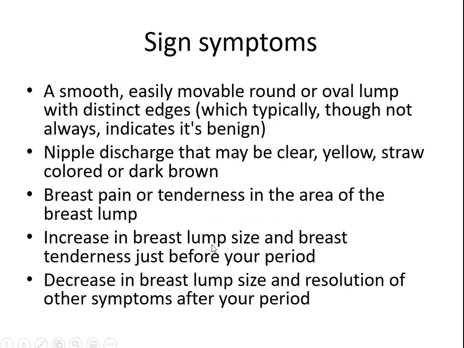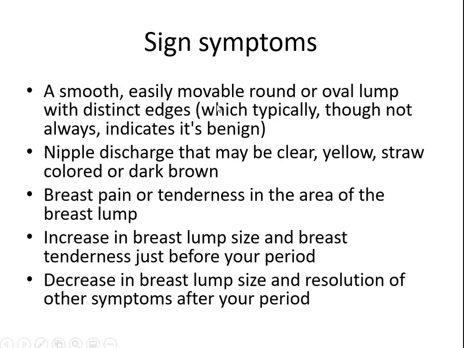Next, an increase in the lump size, and the breast will become tender just before the menstruation. A decrease in the breast lump size and resolution of other symptoms after the menstruation period is over. This before and after menstruation is normal, but sometimes, due to hormonal changes, this will appear.